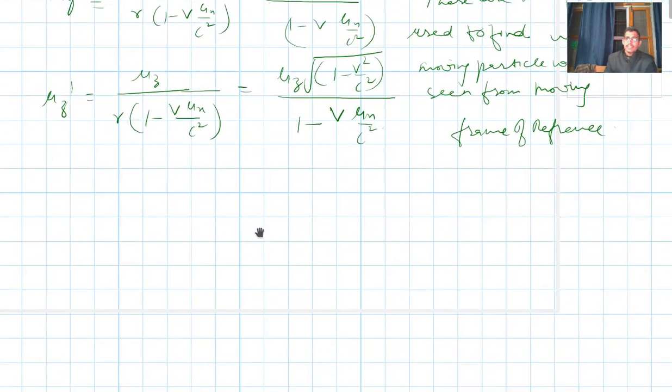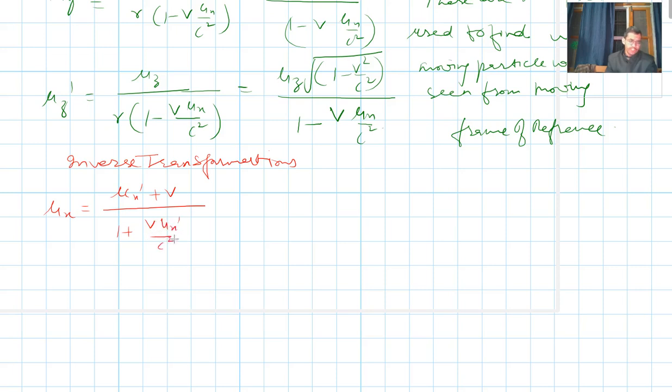Now let me also write down their inverse transformations. So ux can be written as ux prime plus v whole upon 1 plus v ux prime over c square. uy can be written as uy prime times the square root of 1 minus v square over c square, upon 1 plus v ux prime over c square.